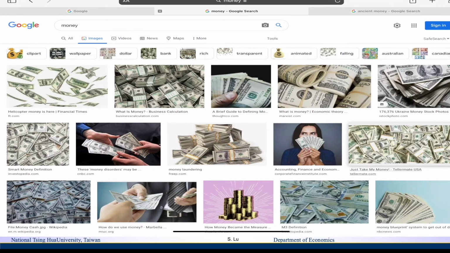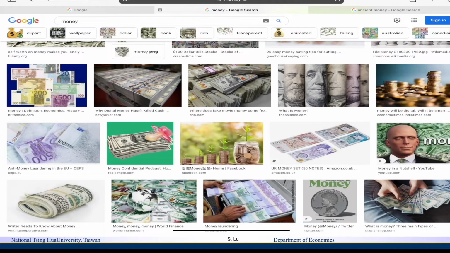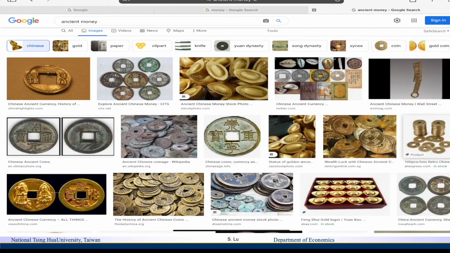To begin with, when we want to define money, let's Google search money, and you are going to see a lot of dollar bills, and those are US dollar bills. When we scroll down, we see some more dollar bills, the euros and the British pounds. If we Google search ancient money, you are going to see a lot of money, or media of exchange, in different shapes.